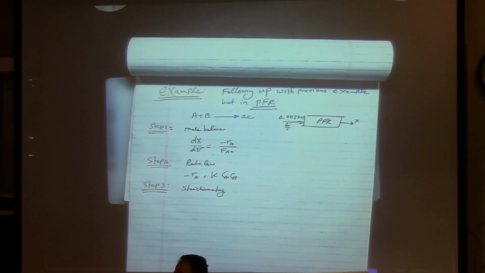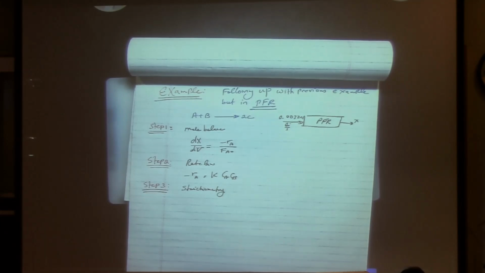But if it's a batch reactor, the volume is constant, even if the moles change. So these are the things you need to have in mind. Otherwise, you simply follow the calculation for epsilon and delta and find it.